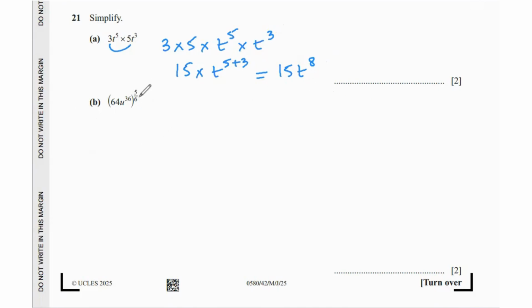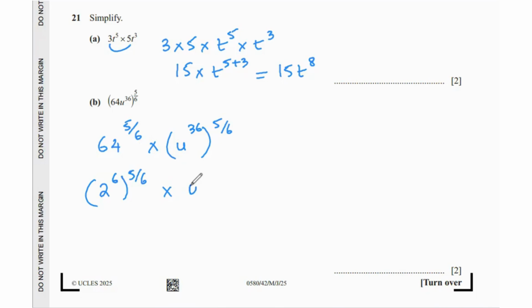Then whenever there's a power outside the bracket and inside the bracket, you distribute the power inside the bracket and the powers get multiplied. So the power of 5 over 6 will be distributed on 64 along with u to the power of 36. Now 64 can be rewritten as 2 to the power of 6.